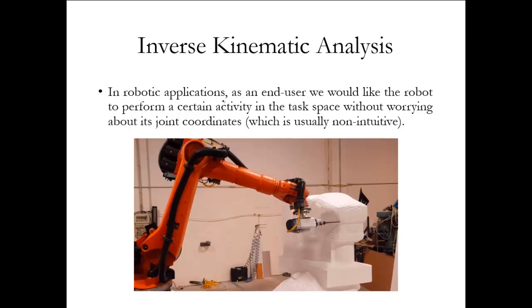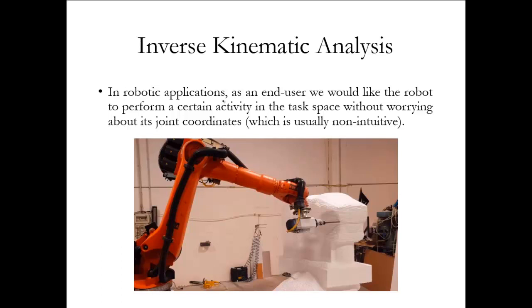This is typically very important in robotics because we generally deal with the task, and in the task space we are interested as a user or as an end user. We would like a robot to perform a certain task like pick and place, welding, spray painting, milling, drilling, and other operations.